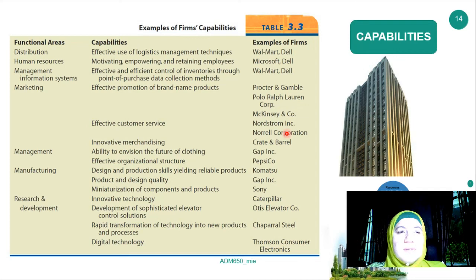In terms of technology itself, that could be resources, but here managing the information system and control of inventories is capabilities. And you have others like marketing, management, manufacturing, and R&D.